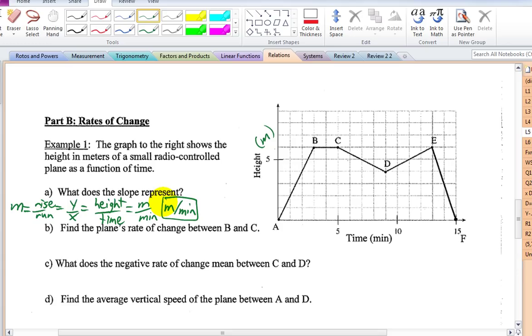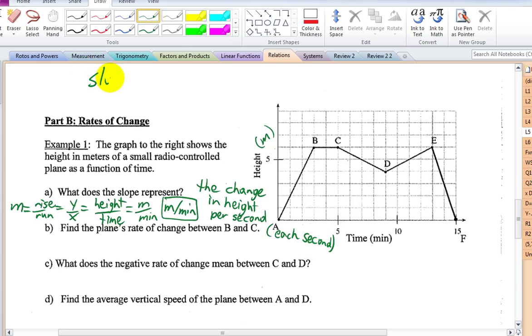Well, what does that mean, folks? What does it represent? It represents the change in height per second. Or you could also say each second. Okay. Now you got to be careful here.